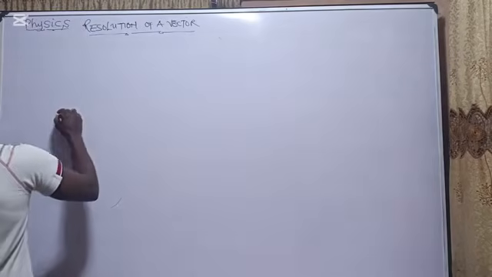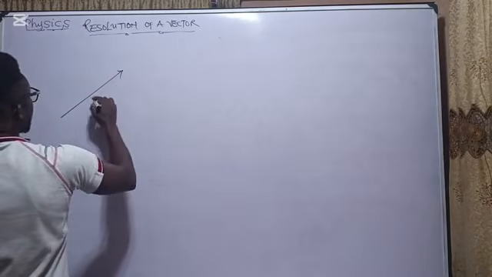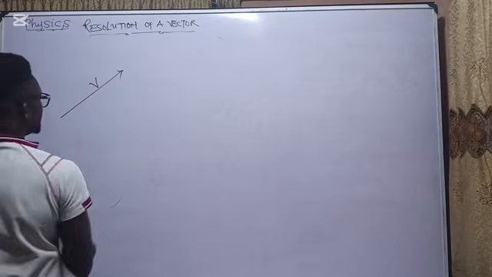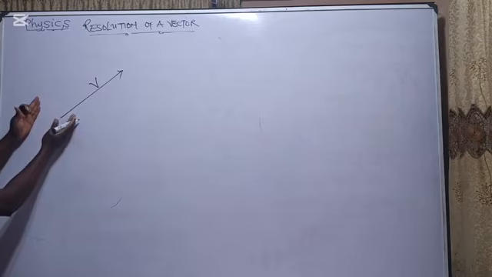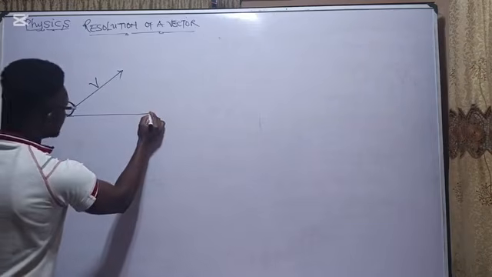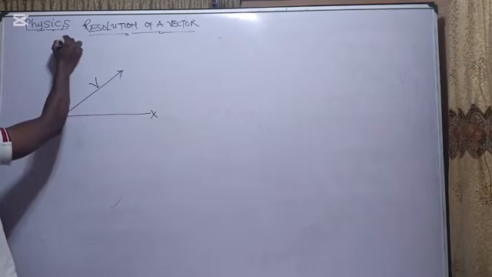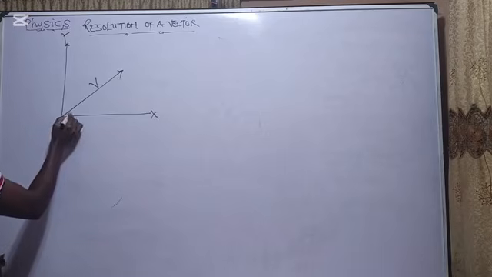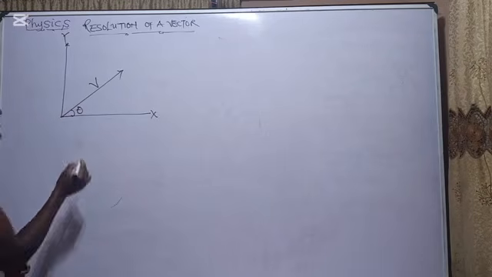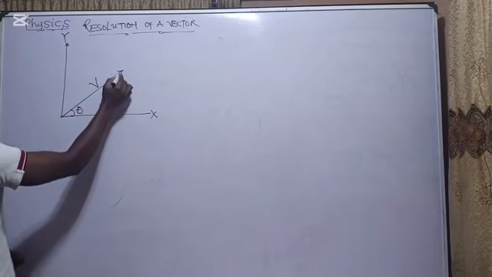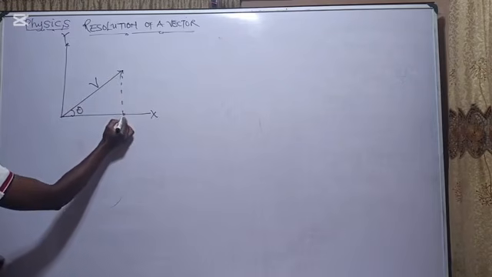Now we have a single vector, for example, we have this vector v. I can resolve this very vector along the horizontal and also along the vertical. Let's say the angle of resolution lies here. So I can resolve this vector along this very horizontal.